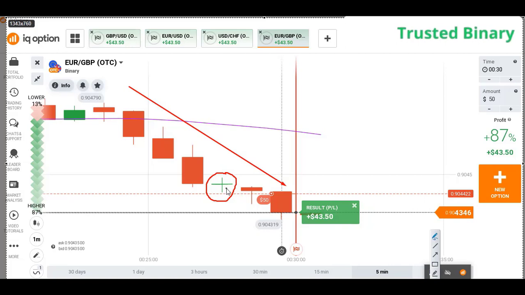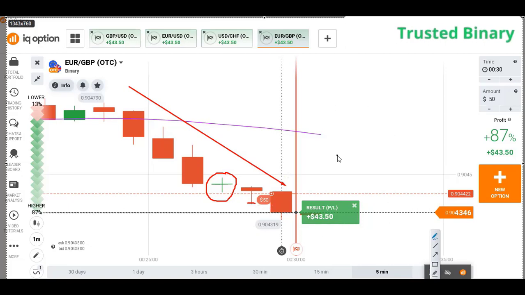Doji color is different, I think gray, and after this candle the market again started to go down, and it made a new low here. This is my confirmation that the next candle goes down, because this is a downtrend and the market is moving below the 50 EMA line. That's why I took my trade in the lower direction, and this is my winning trade.